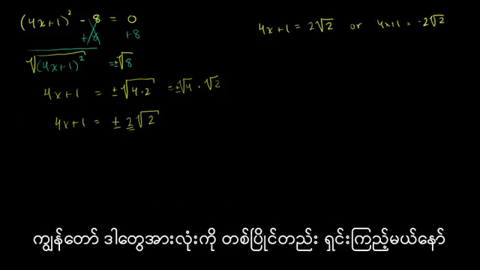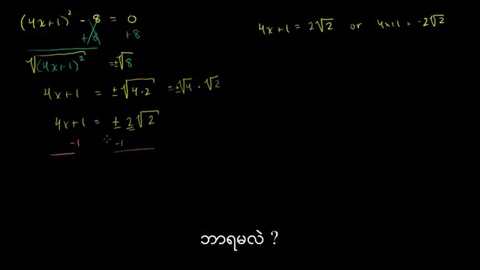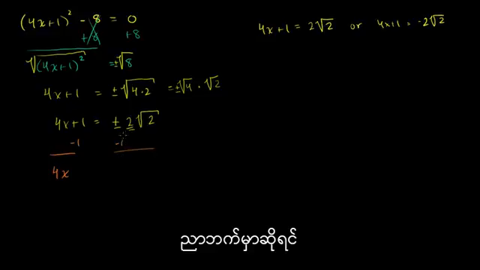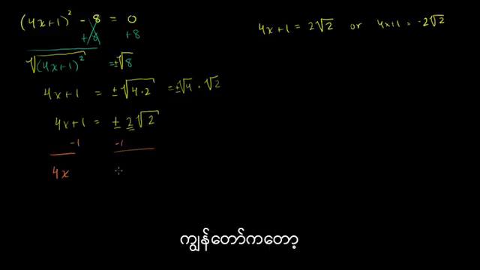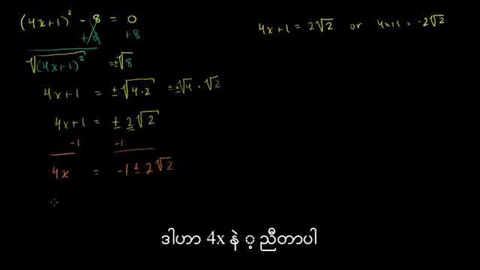Let me solve all of these simultaneously. So if I subtract 1 from both sides of this equation, what do I have? On the left-hand side, I'm just left with 4x. On the right-hand side, you could do them if you had a calculator, but I'll just leave it as negative 1 plus or minus 2 times the square root of 2. That's what 4x is equal to.